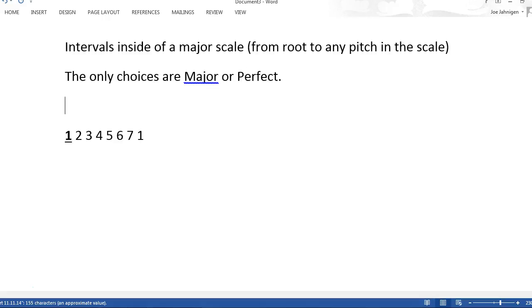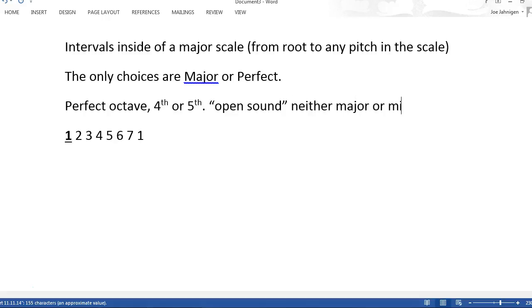All the perfect intervals are a perfect octave, fourth, or fifth. When they're played, they have an open sound. They're neither major or minor in their tonality.